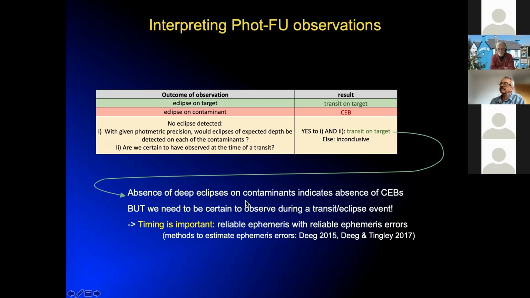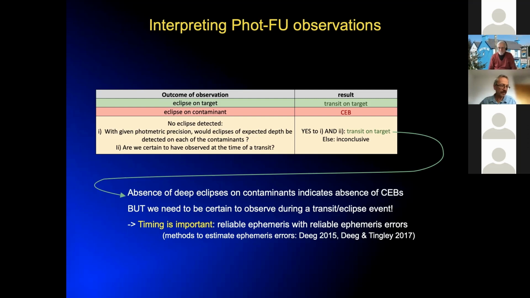So important here for this indirect conclusion, that the absence of deep eclipses on contaminants indicates the absence of contaminating eclipsing binaries, is that we have to be certain that we observe correctly. And for that, and that is where ETD comes in also, we need to have reliable ephemeris. And we also have to have reliable errors on these ephemeris, because we may have ephemeris that tell us nicely that this night there will be a transit, but maybe the error of the ephemeris is already plus minus 5 hours.